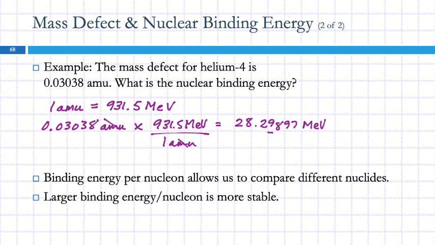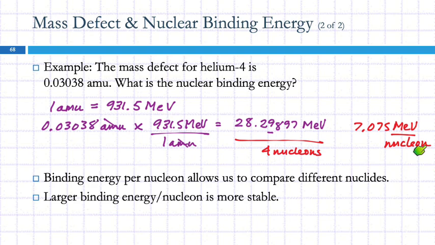How many nucleons in a helium-4? 4. So if we divide by 4 nucleons, we're going to get 7.075 mega electron volts per nucleon. So you can look at the mega electron volts per nucleon for different elements, different isotopes, and if you have a larger binding energy per nucleon, that's going to be more stable. Any questions?